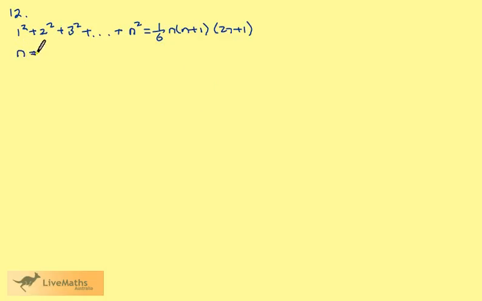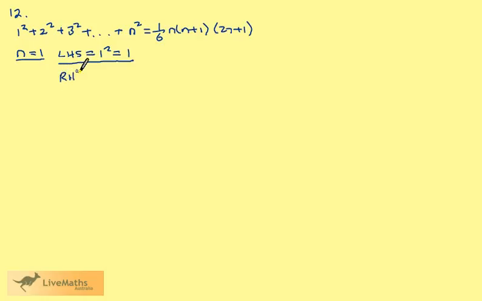We start with the initial case, in this case n equals 1. The left-hand side is just 1 squared, which is equal to 1.